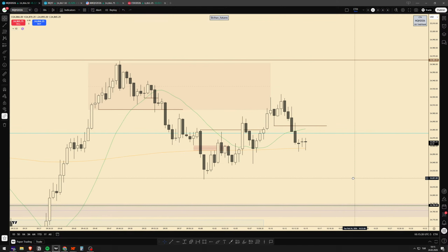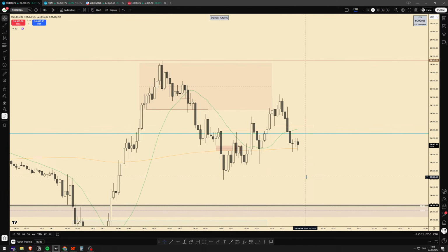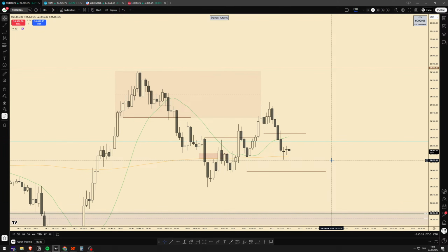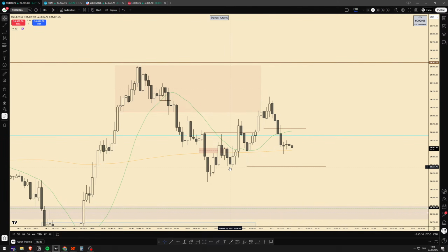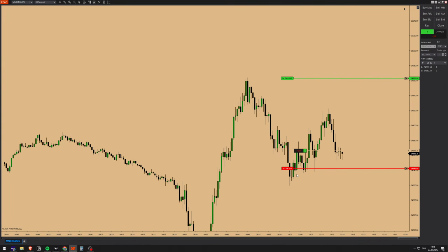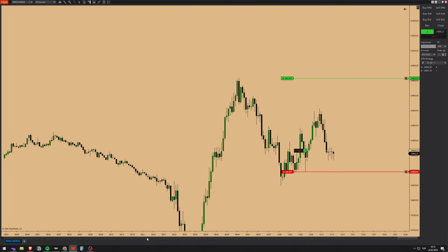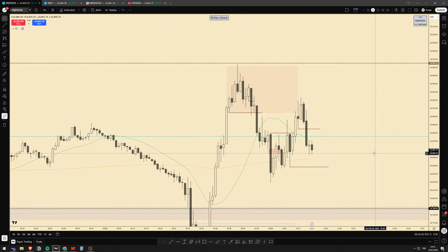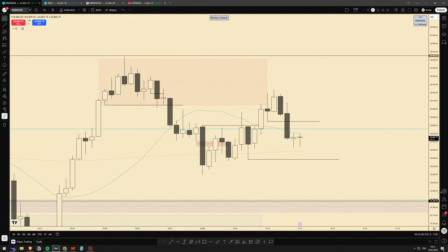This is a combo setup on 30-second chart. I don't want to see this low getting taken. These are the higher lows. I want to see this exact low staying protected. Let me go back to 1 minute time frame.